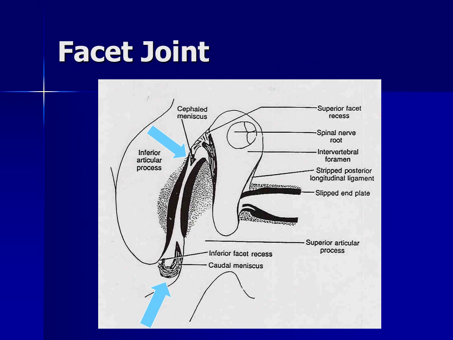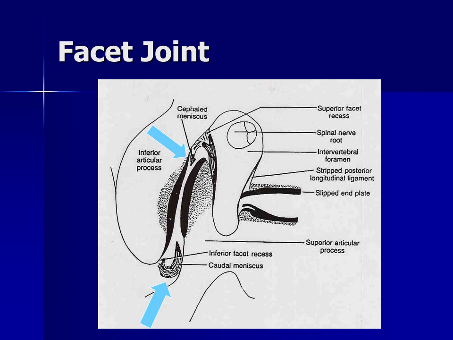This is sometimes a difficult view with which to orient yourself, but this is a depiction of a facet joint, really a cross-sectional view of a vertebra. Now, between the two arrows, we see the articulating surfaces of the inferior articular process to the left of the vertebra up above. To the right is really the superior articular process of the vertebra down below.